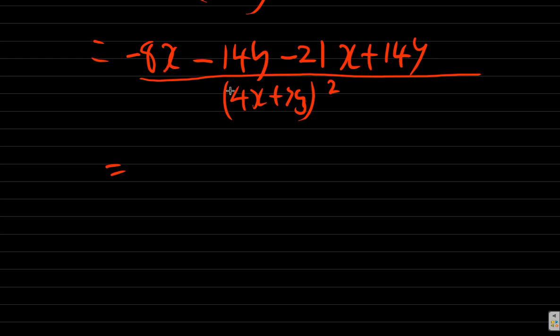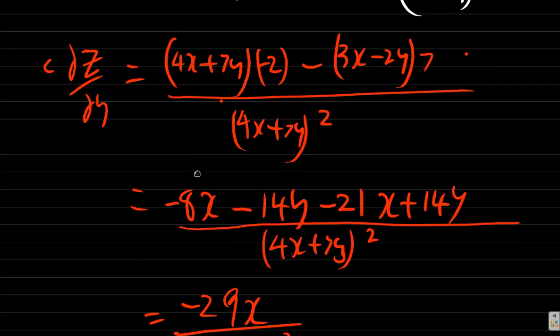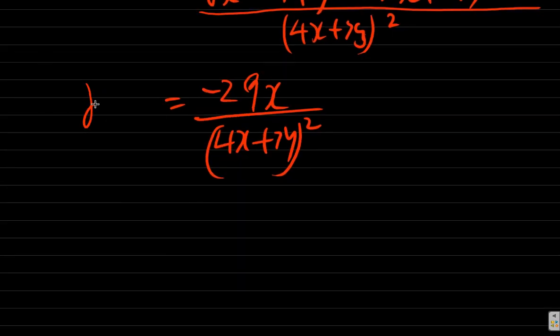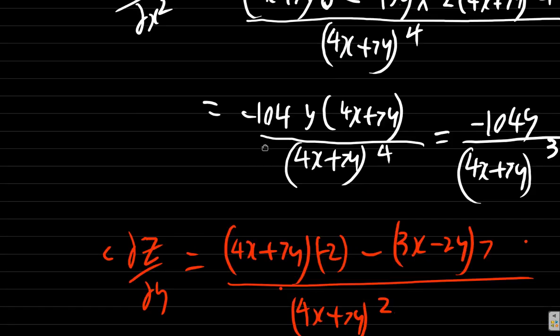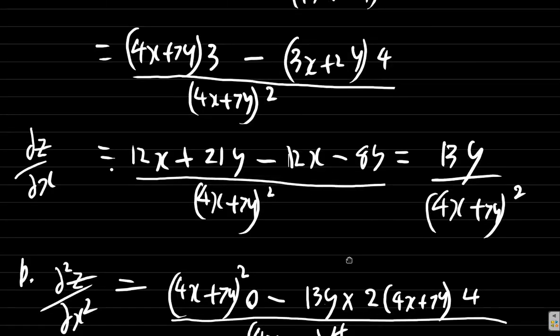Then negative 8 minus 21 is negative 29. So negative 29x over (4x plus 7y) squared. So ∂z/∂y equals that. That was part C. What's part D now? The squared, ∂²z/∂y².